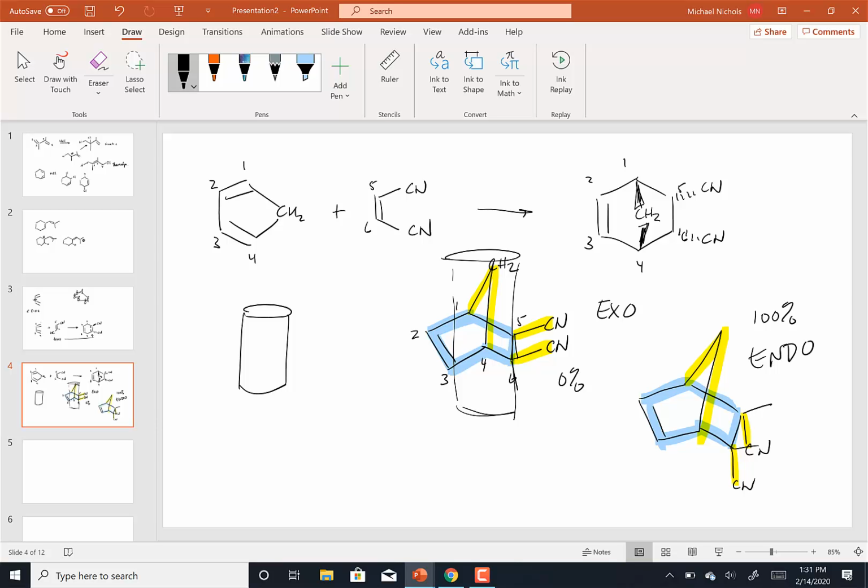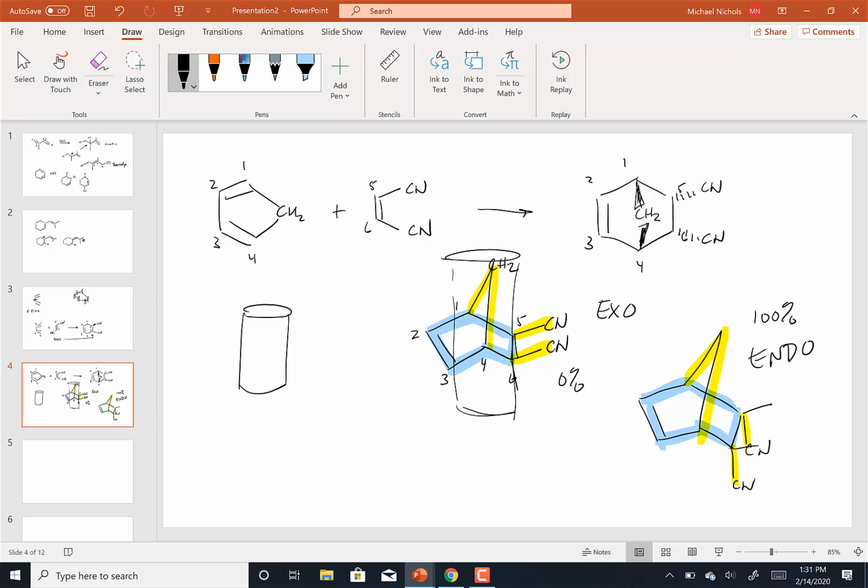Okay. So the two ways we can represent that product are by using a bold wedge here, dashed wedge here, or vice versa. Or if you're good, you can draw these kinds of structures and show that the two CN groups are basically in the axial position. Either one.